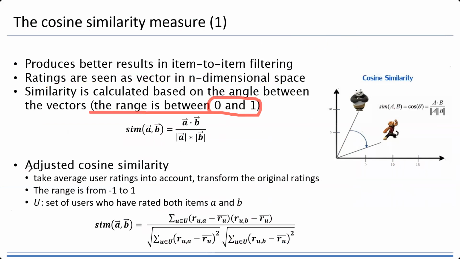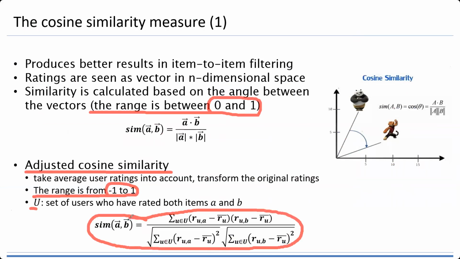When we use the adjusted cosine similarity, the range will be from -1 to 1. Later we will use this kind of equation. The idea is the same as the Pearson correlation that we already did before. We will subtract the average.